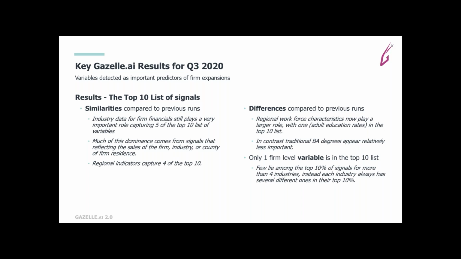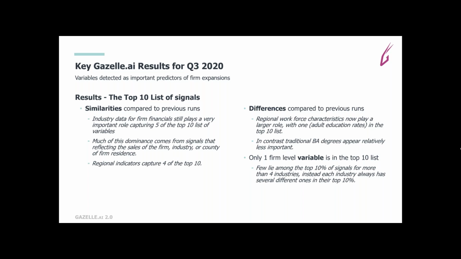A key similarity with respect to previous runs for this information includes the fact that industry data for firm financials still plays a very important role. Those variables captured 5 of the top 10 list of variables, and much of the dominance of this financial information comes from signals reflecting sales of the firm, the industry, or the county of firm residence.